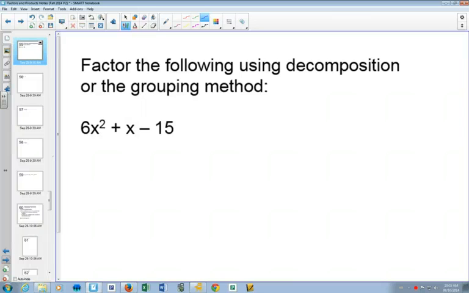So here is the first question. So the first thing it says is to look at the first and the last term.